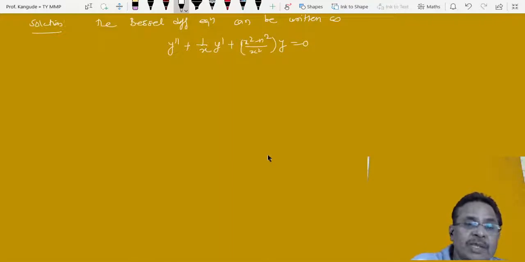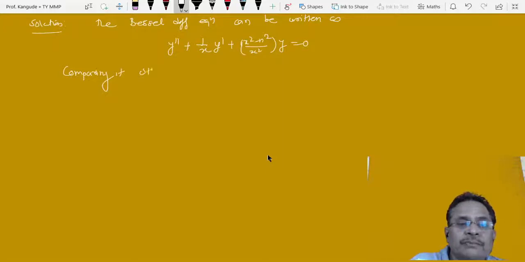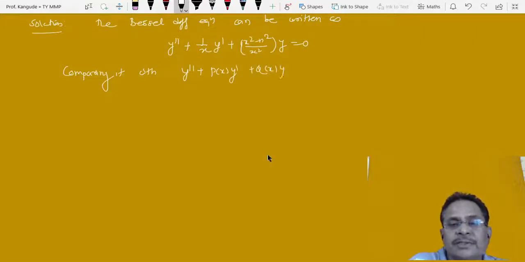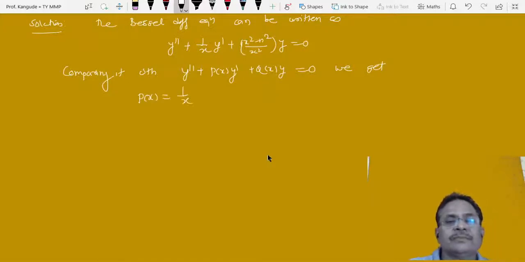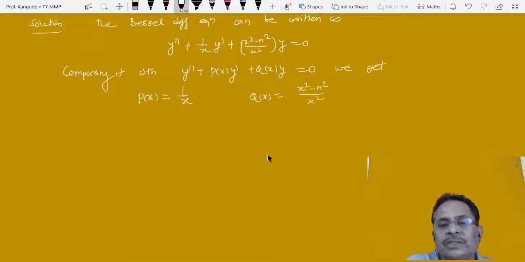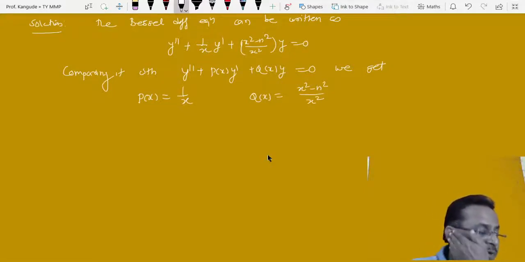Now let's compare this with y double dash plus p of x into y dash plus q of x into y is equal to 0. Let's see what we get. I'll obtain p of x is equal to 1 upon x and q of x is equal to x square minus n square upon x square. Okay, that is what one gets, p of x and q of x.